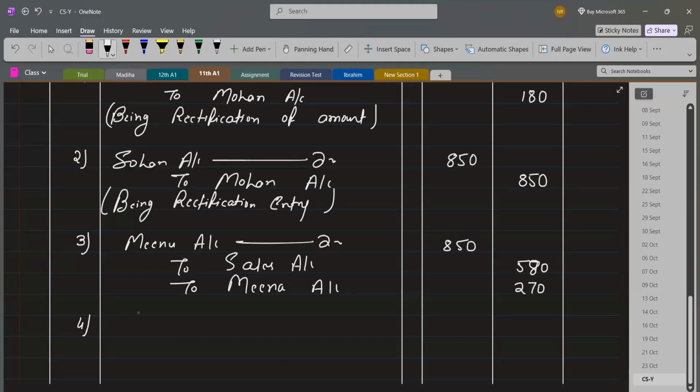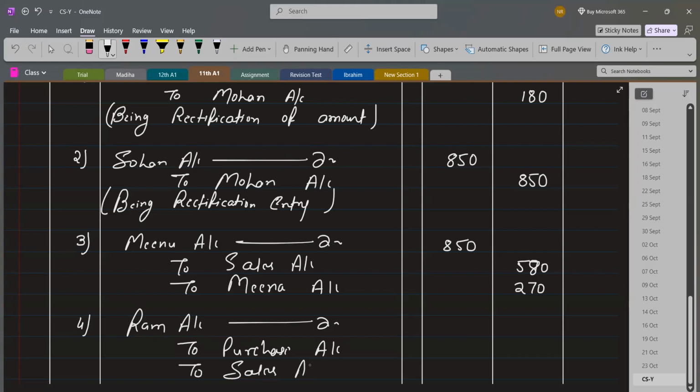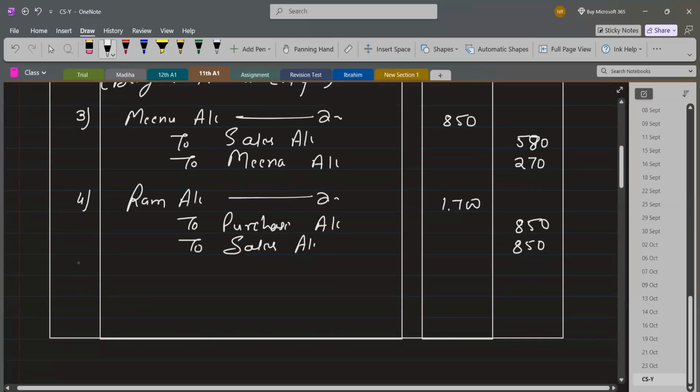The fourth one was a Ram account debit to purchase, to sales: 850, 850, and 1700.